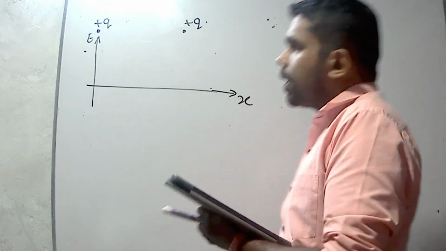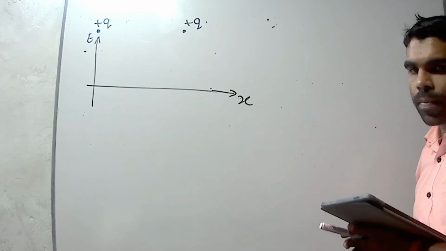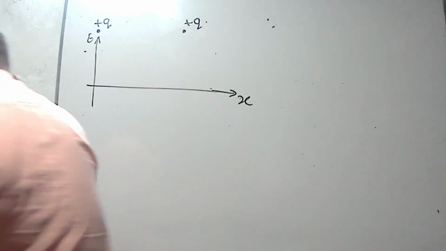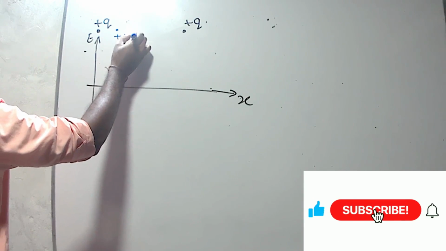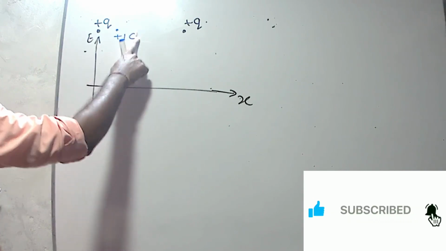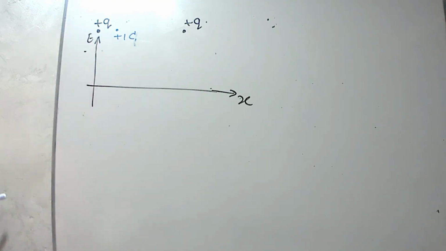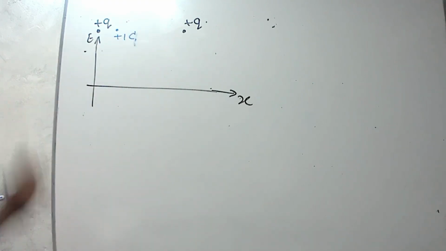We know that electric field intensity is the force on plus 1 Coulomb. If we place plus 1 Coulomb at this place, the force due to this charge is greater than that due to the other one, because the distance is smaller.